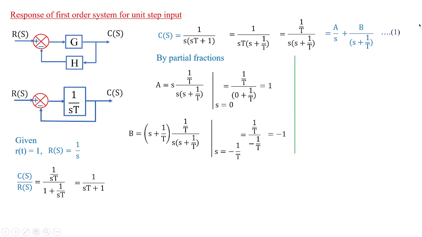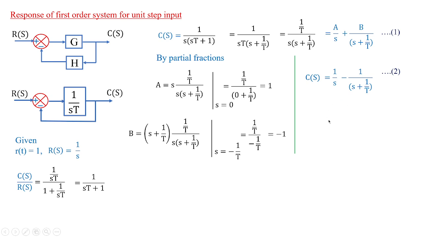Thereby, equation 1, C of s, by replacing the values of A and B, can be obtained as equation 2, like C of s is equal to 1 by s minus 1 by (s plus 1 by T).